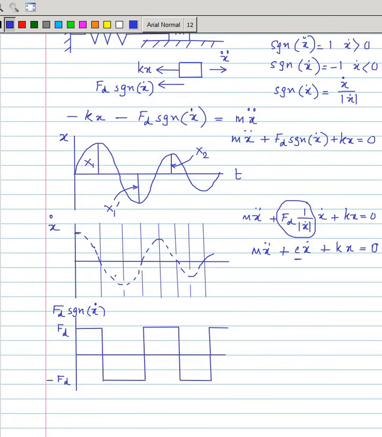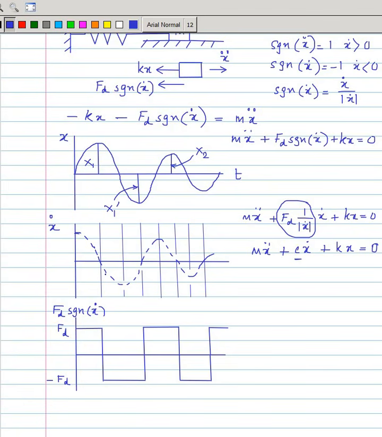So the direction depends on the direction of motion, whether it is moving from left to right or right to left, and that depends on velocity. From here to here it is moving from left to right, and here to here it is moving from right to left. And here again left to right, then right to left.